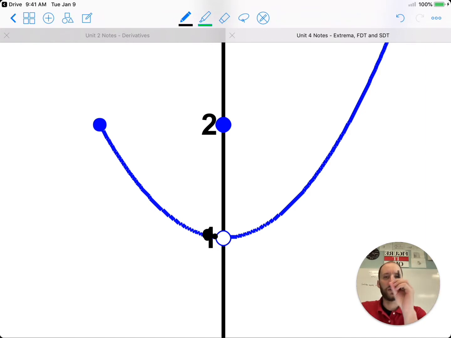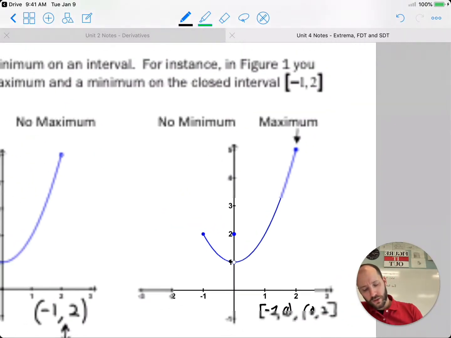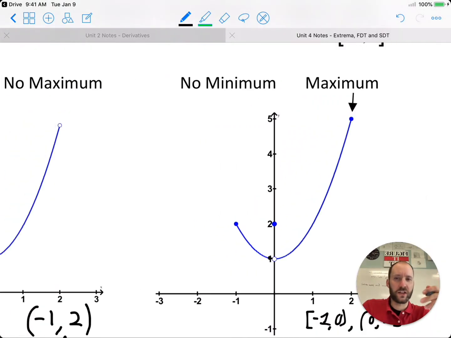But because you can always do that, you can say, like, you want to get closer to 1, okay? So you can say, well, 0.9 or 0.99 or 0.999 or 0.9999. You can always get closer. So no minimum because there's an open circle.